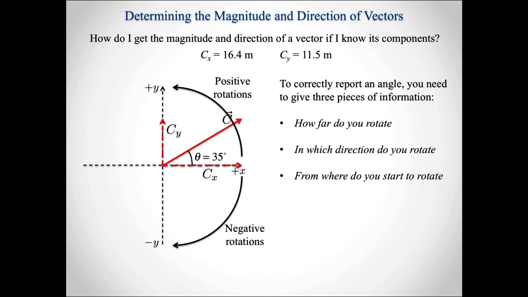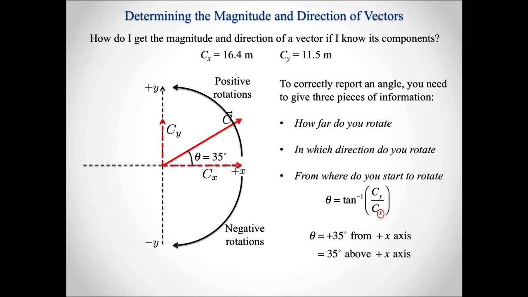And so in this case, when I calculate my angle theta, notice that I have put the x component on the bottom. That x component being on the bottom tells me that I want to start rotating from the x-axis. So I'm going to rotate 35 degrees from the positive x-axis in the positive direction.